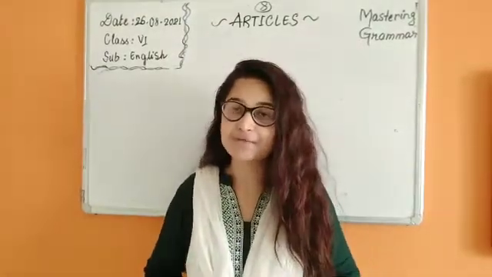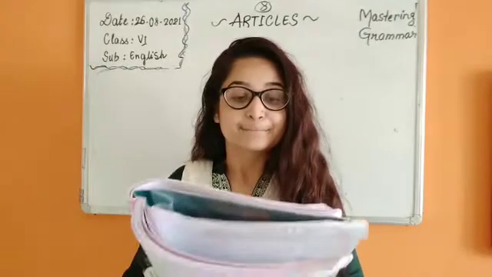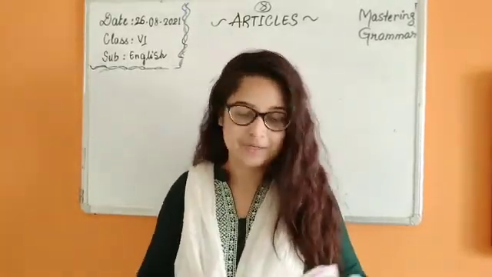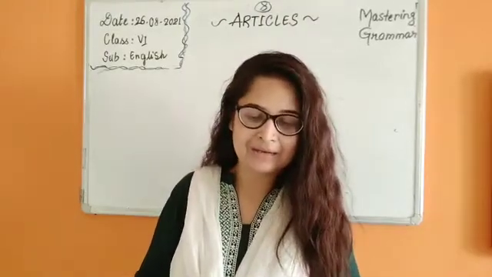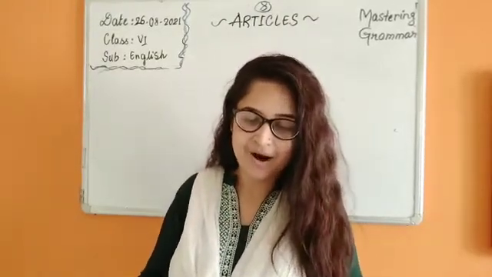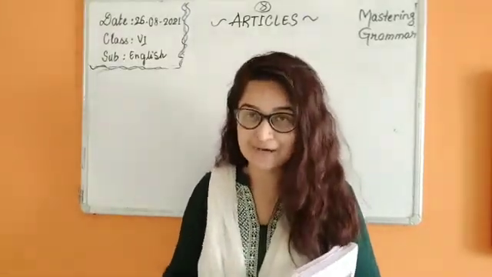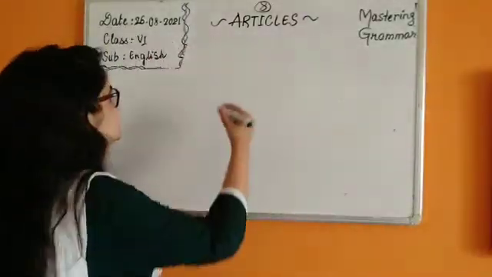Now children, how are we going to use these words to mean something? A, an and the are articles and come before nouns. There are 2 types of articles. Let's write it down first.